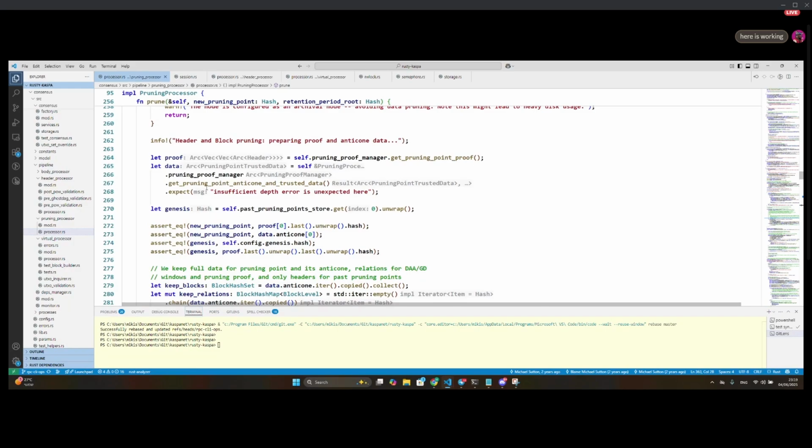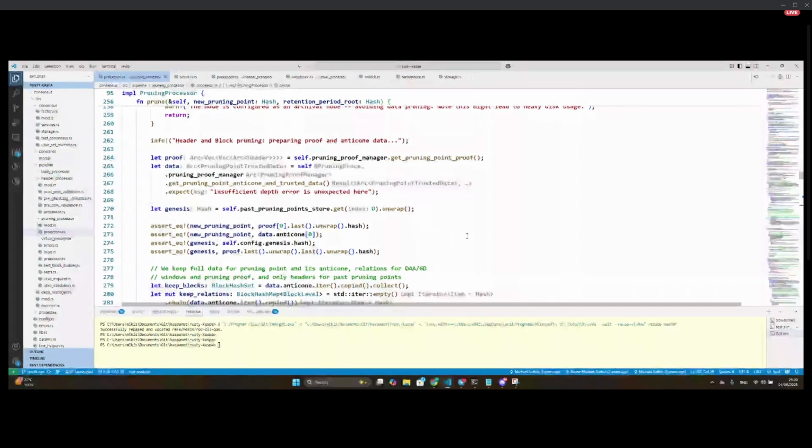We actually generate the pruning proof, which is a vector of headers, and it's what we described earlier: the max 2,000 blocks per level. At higher levels, it's not going to be 2,000; it gets smaller and smaller, but it means all the super blocks essentially we want to keep.